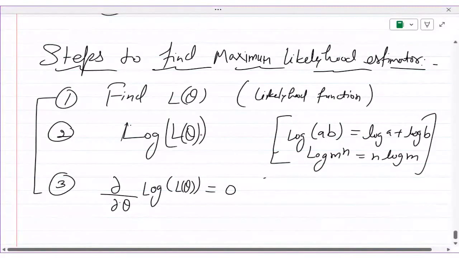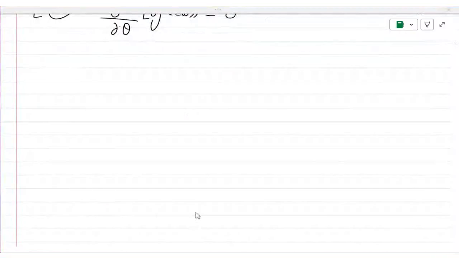So first example, a multiple-time exam question. First I should do the Poisson distribution question. Find the maximum likelihood estimator.